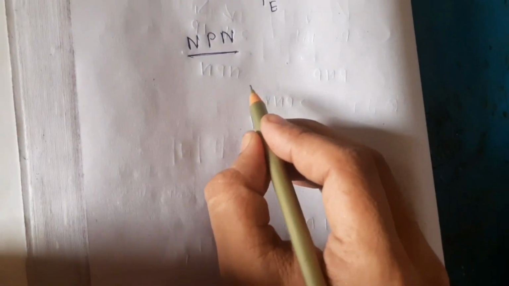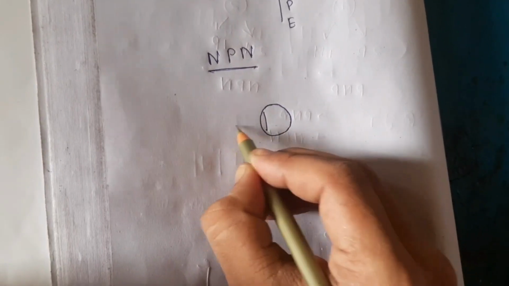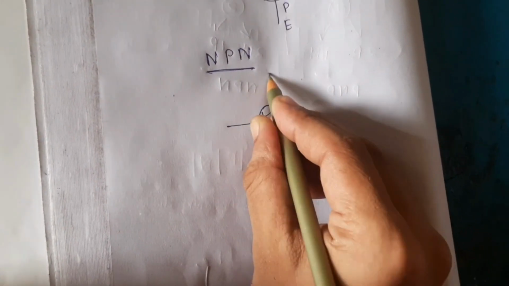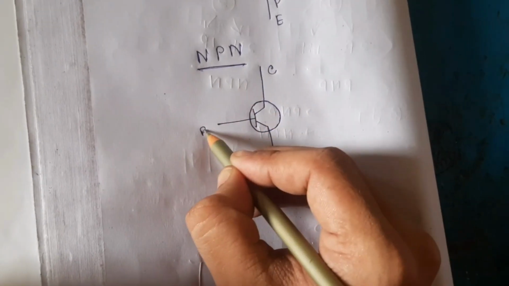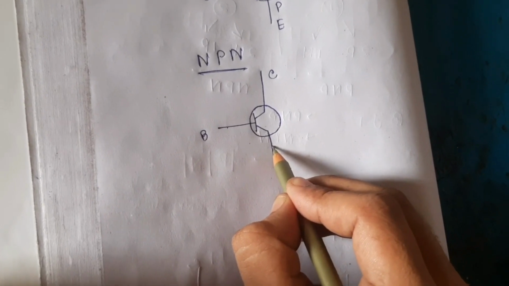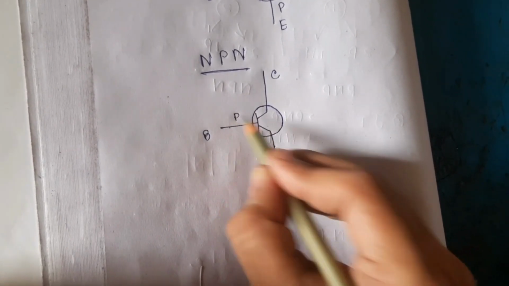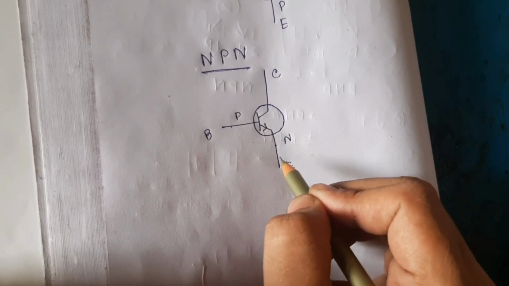Now we draw the symbol of the NPN transistor. This is the base. These are the other two legs. If we consider this is the collector, this is the base, this is the emitter, an arrow is placed between base and emitter. For an NPN transistor, the arrow points outwards from the base.